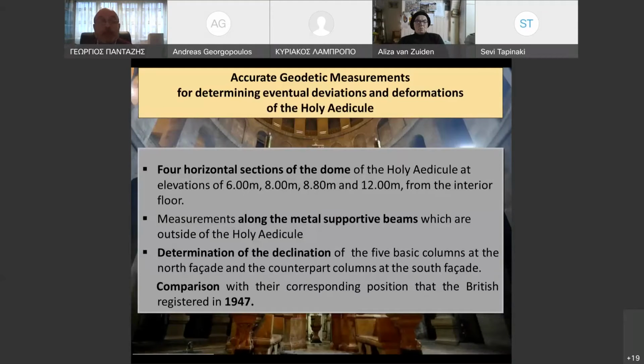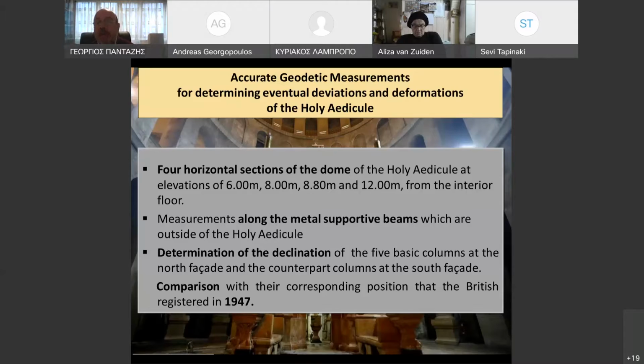In the Holy Edicula, accurate geodetic measurements were carried out in order to determine eventual deviation and deformation of the Holy Edicula. 4 horizontal sections of the dome of the Holy Edicula at the elevations of 6, 8, 18, and 12 from the interior floor.